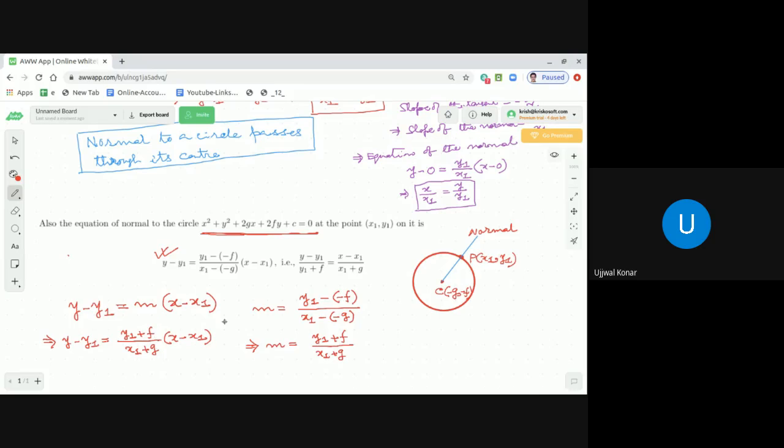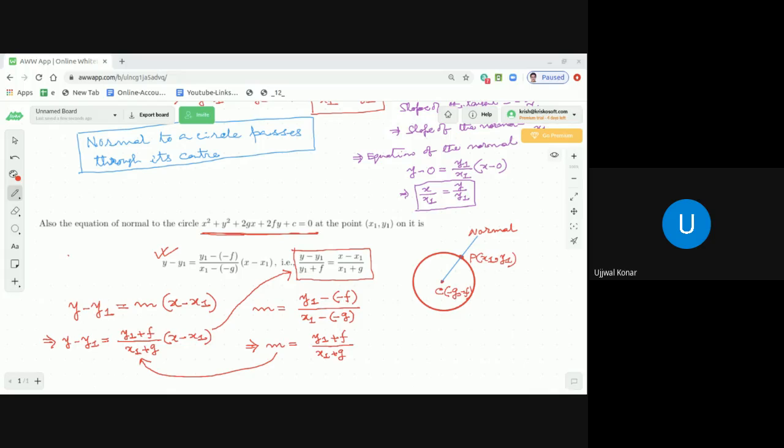And after that, if we rearrange a little, y minus y1 by y1 plus f is equal to x minus x1 by x1 plus g. This is exactly this equation, dear students. Got it? So this is the way we found the equation of the normal to the circle x square plus y square plus 2gx plus 2fy plus c equal to 0 at the point x1 comma y1. I hope it is well understood. Great.